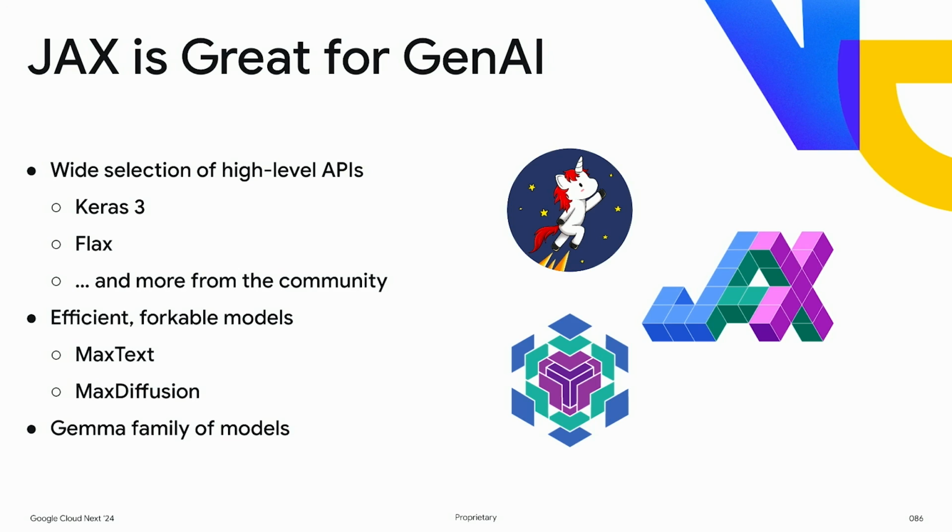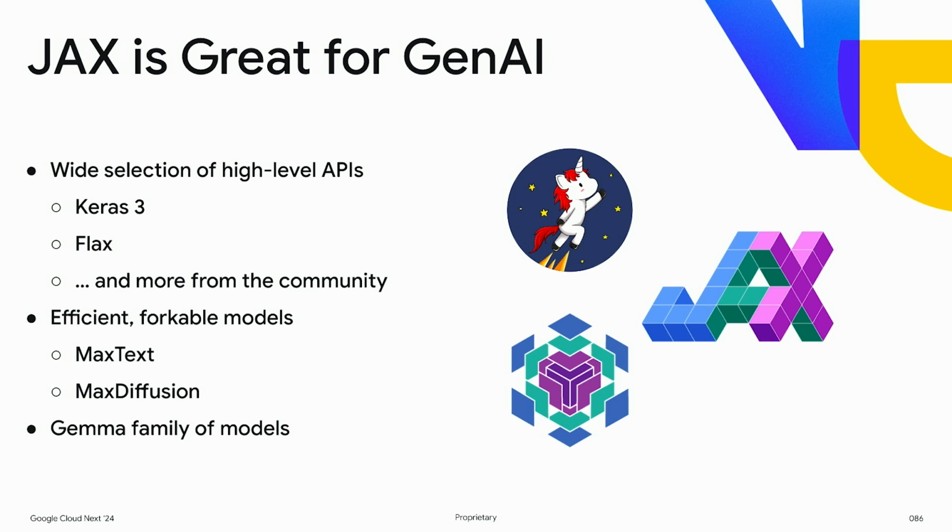And there's a wide selection of really high-level APIs that you can use with it. Two of them, Keras 3 and Flax, we've talked about. But there's a whole selection of others if there's other things that you want to use: Objax, Equinox, Haiku, JRef, lots of them. People have really taken this and molded it to be what they need it to be.